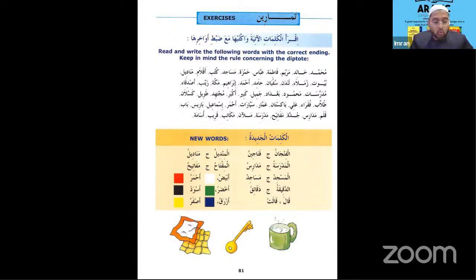Wada'tu. Waw, dhad, ayn, and a flat ta. Wada'tu. I put a book. How do you say I put a book?